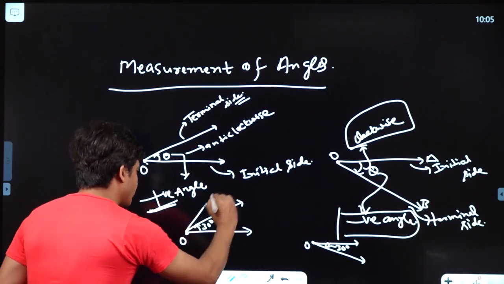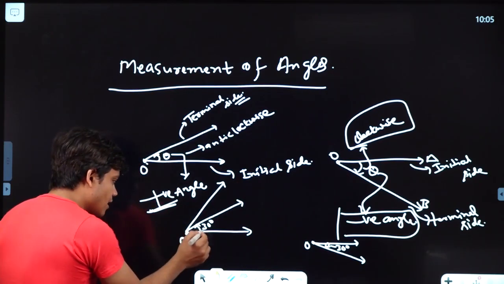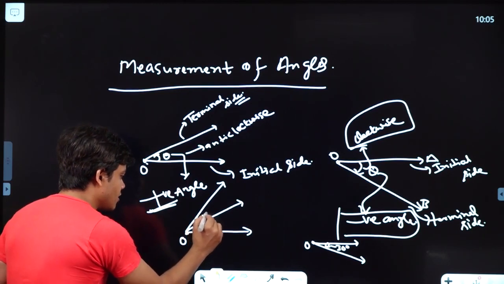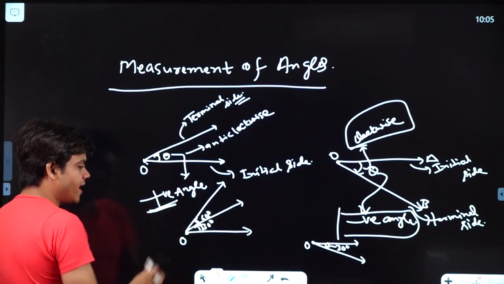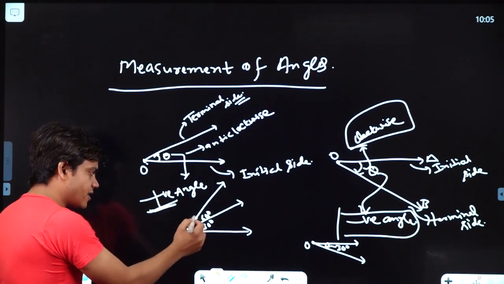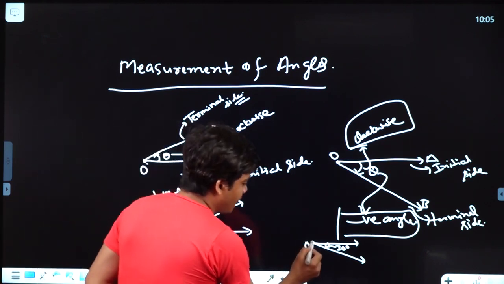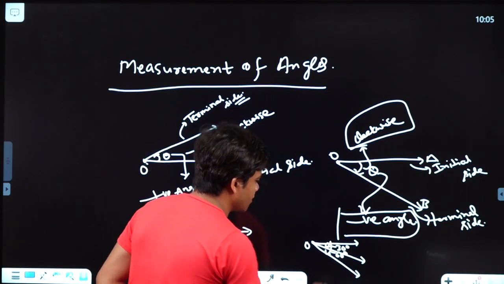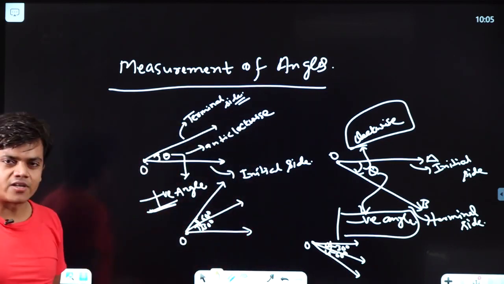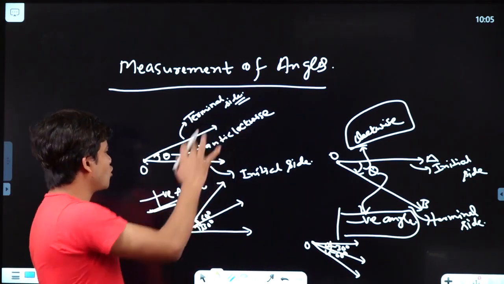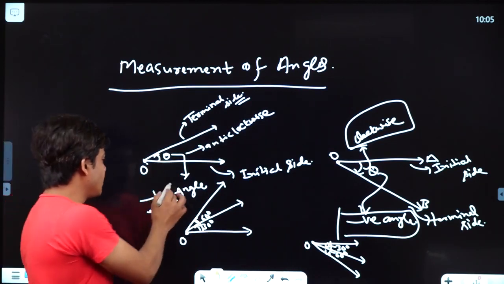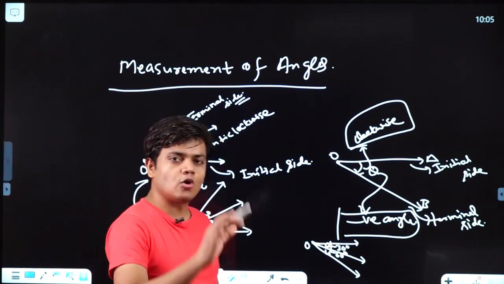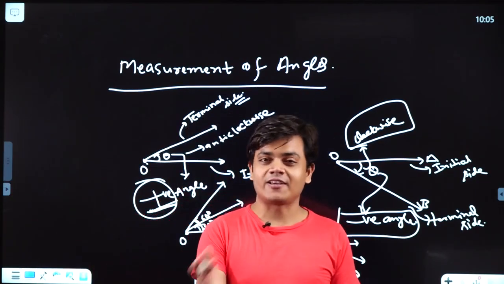If you rotate through 60 degrees in the anti-clockwise direction, it will be plus 60 degrees, but in the clockwise sense it will be called minus 60 degrees. So this is a very fundamental thing: in the anti-clockwise sense the angle will be positive, and in the clockwise sense the angle will be negative.